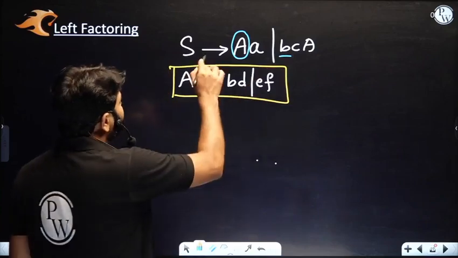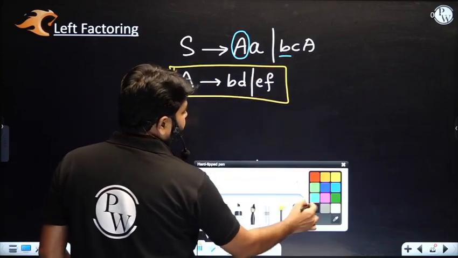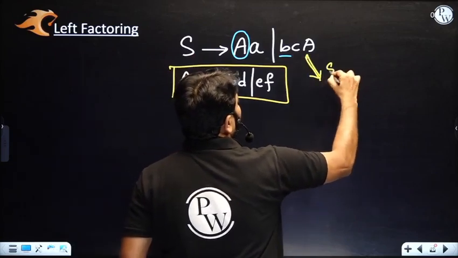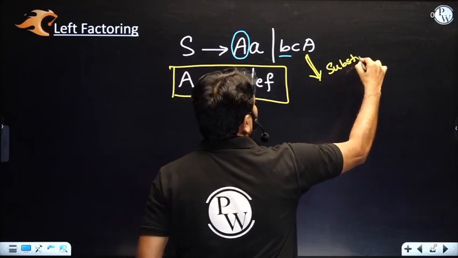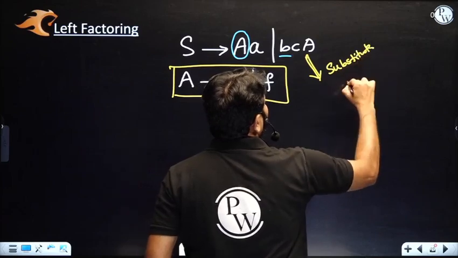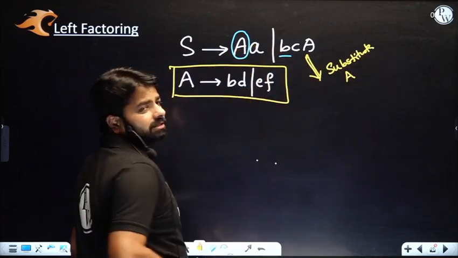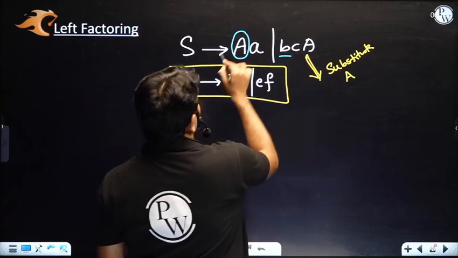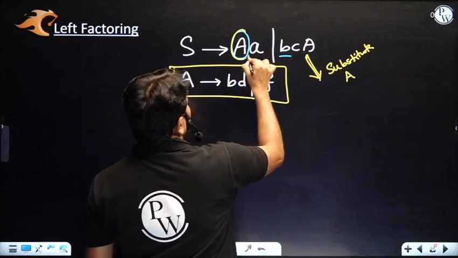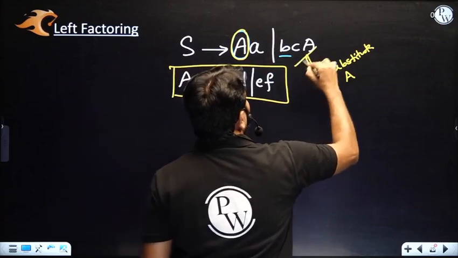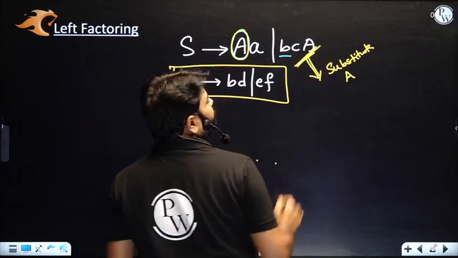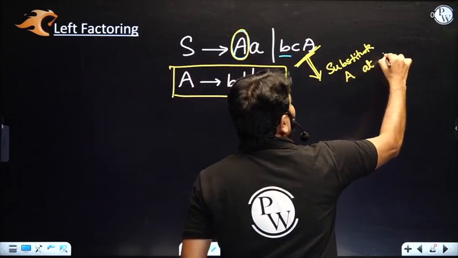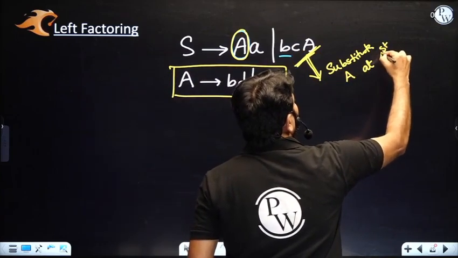So you substitute capital A, but not everywhere, only in the first place. Don't substitute here, don't substitute here, only this position. Substitute A at the first position, the leftmost position.